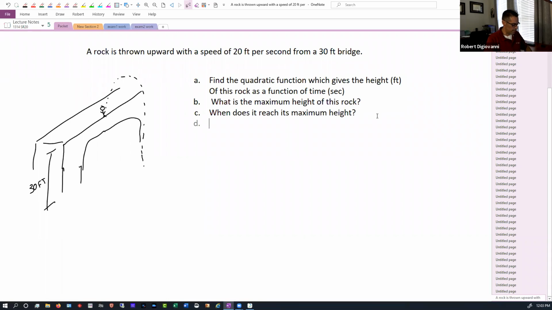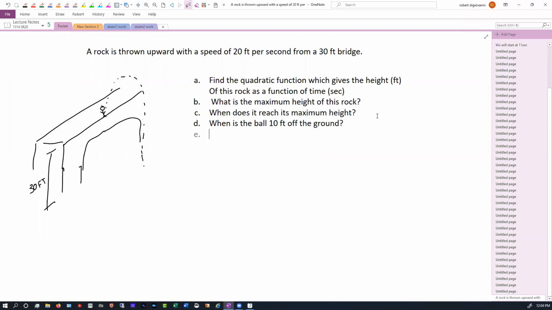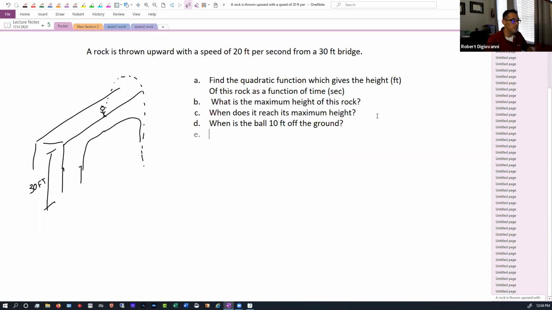Next question, when is the rock 10 feet off the ground? I guess I want to throw a ball instead of a rock. Okay, when is the rock 10 feet off the ground? And then finally, when does the rock hit the ground? All right, there we go.